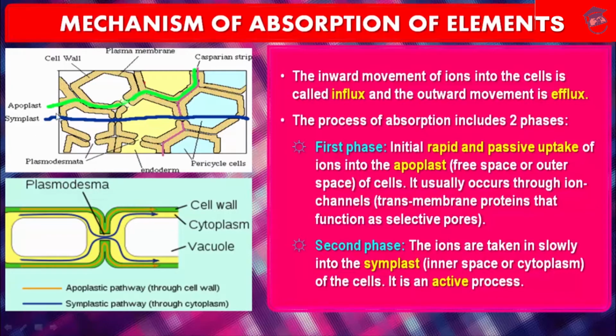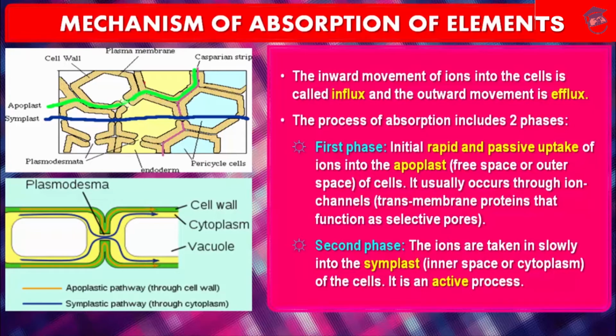So these are the two phases through which nutrient uptake takes place from the soil into the root. The first phase was the apoplast, which was initial rapid and passive uptake of ions into the apoplast. That means it does not require energy for the uptake of nutrients from the soil, and it usually occurs through ion channels, that is, transmembrane proteins.